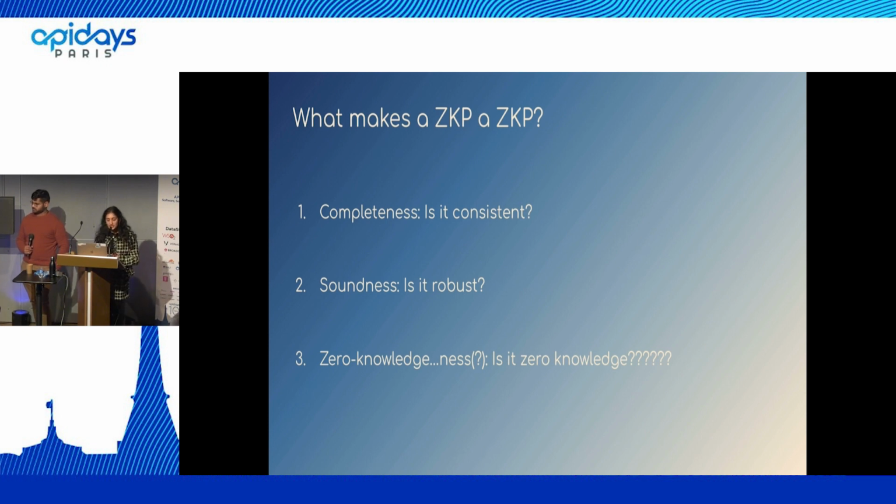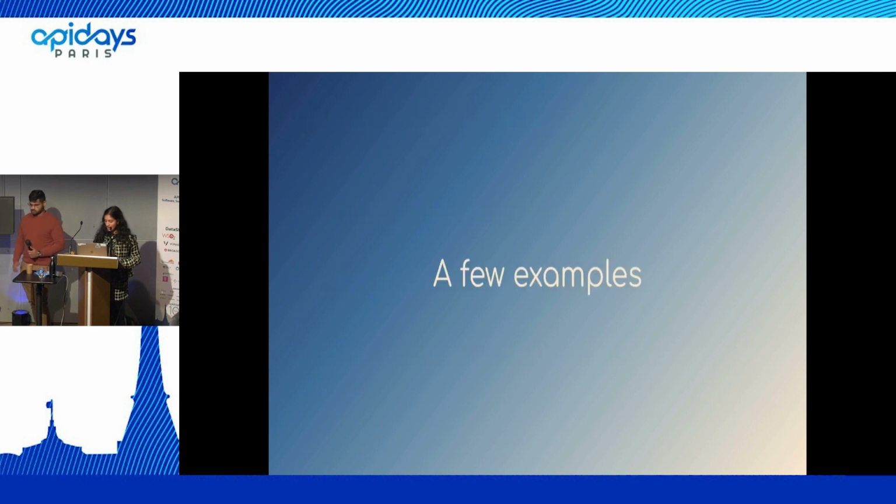And zero-knowledgeness basically means that the verifier will not be able to know any information beyond the statement being either true or false. Any other information, such as personal data, between the parties will stay anonymous. We'll walk you through a few examples.